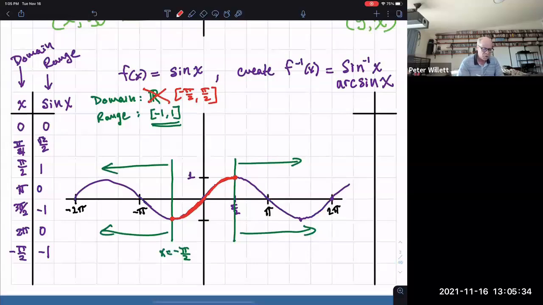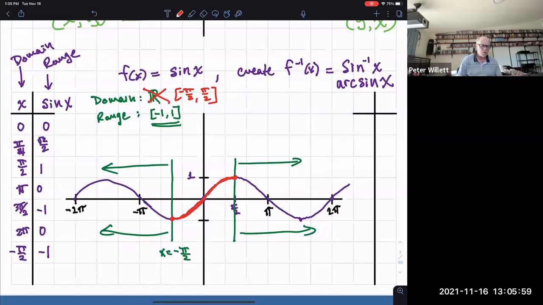And if I just focus on that part of the sine function, we will see that actually now it passes the horizontal line test. So we're going to take that part of the sine function, that modified sine function with a restricted domain, and we're going to use that to create an inverse.